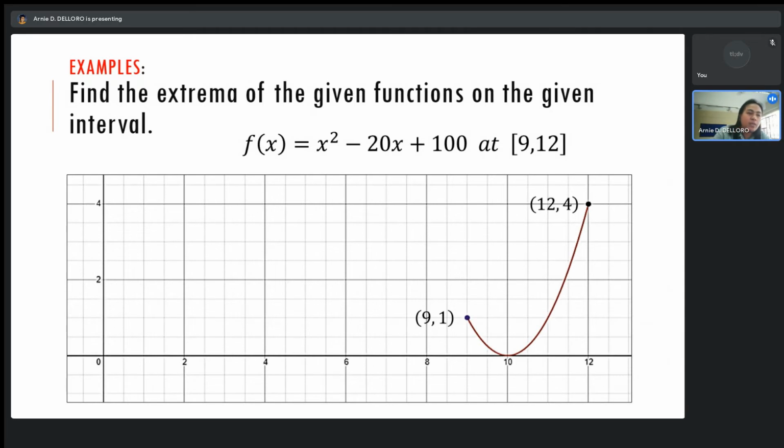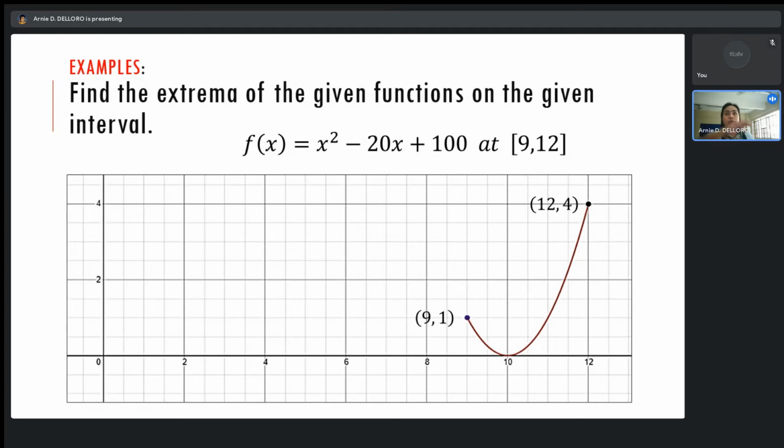Bakit hindi natin pwedeng i-consider yung 0.91 as the maximum value? It's because there is another part of the graph which is mas mataas pa sa kanya. Okay? So we cannot consider this as our maximum point.